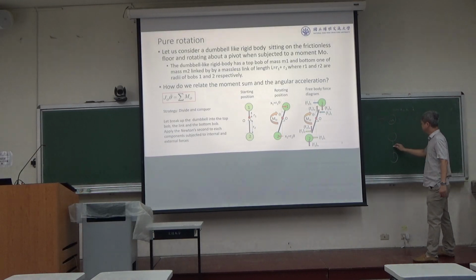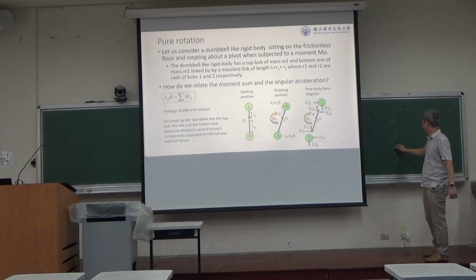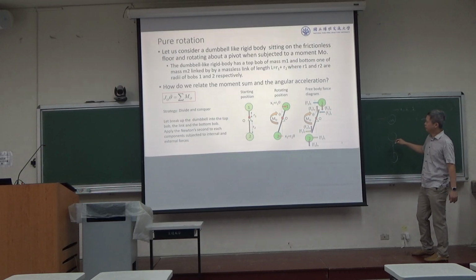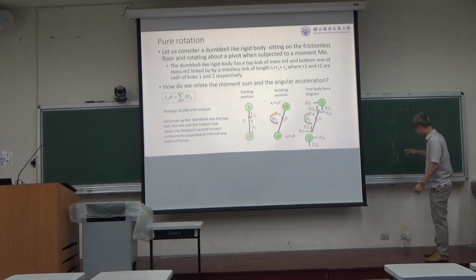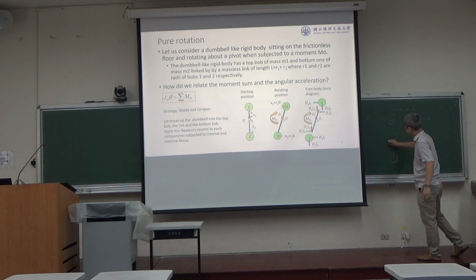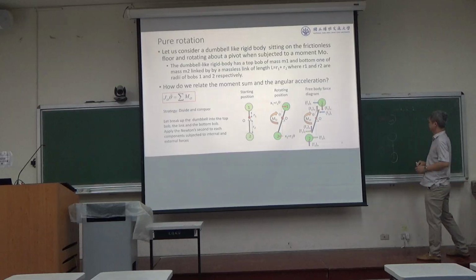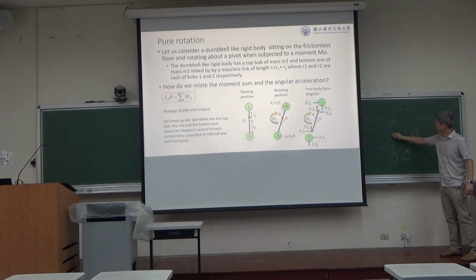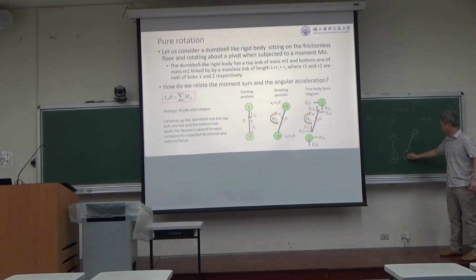Now our question here is, if you have something like this, which might look like a dumbbell, and it is subjected to a moment to rotate, what kind of motion will you be able to describe? You might have M1, M2.